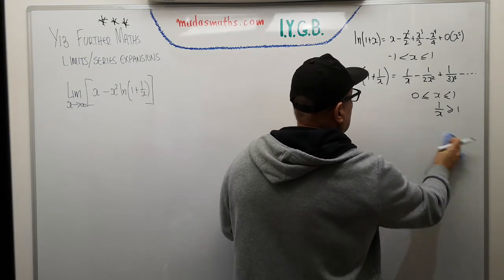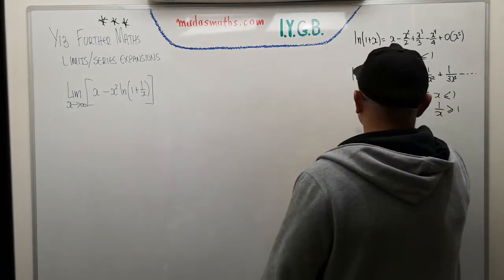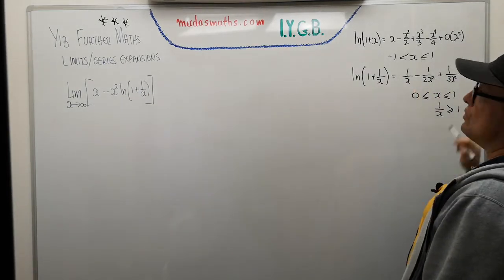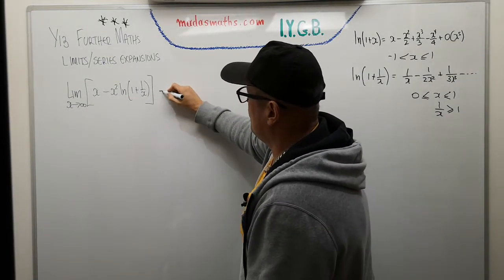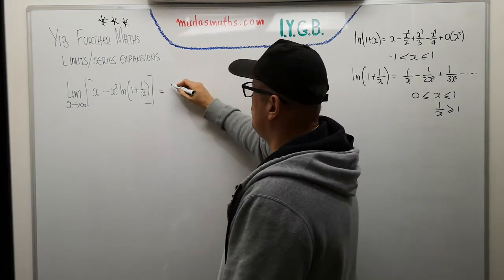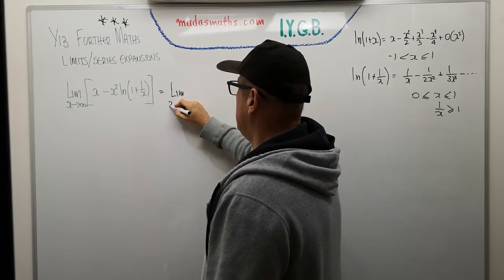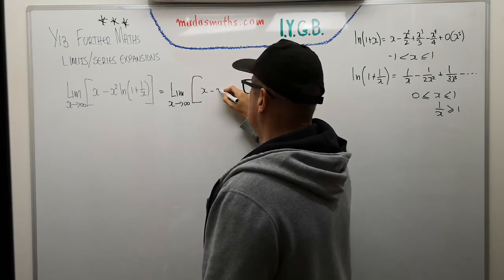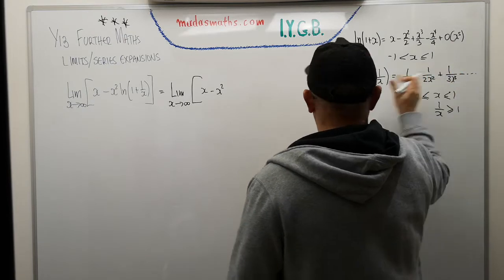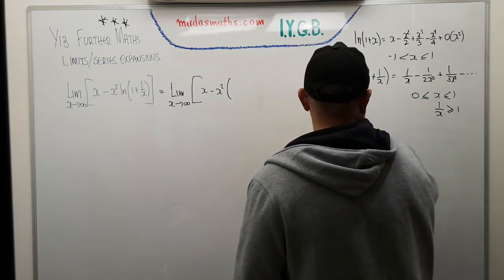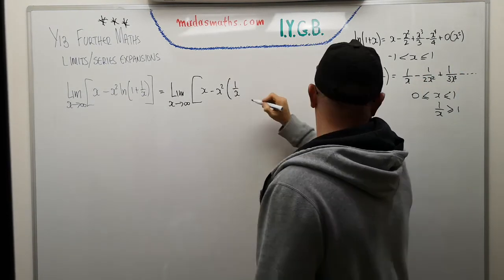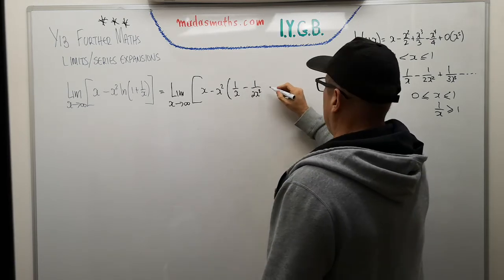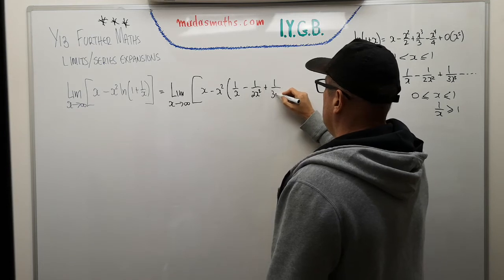So we're going to use this particular expansion for that part of the limit up here, and the rest is purely processing the algebra, which is not that difficult. The limit as x tends to infinity of x minus x squared, and I'm plugging in part of my expansion, which is 1 over x minus 1 over 2x squared plus 1 over 3x cubed.